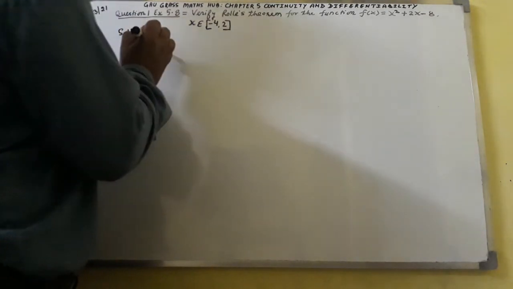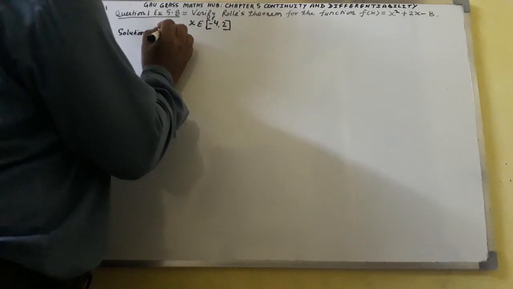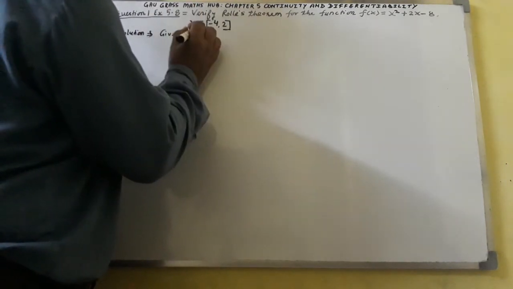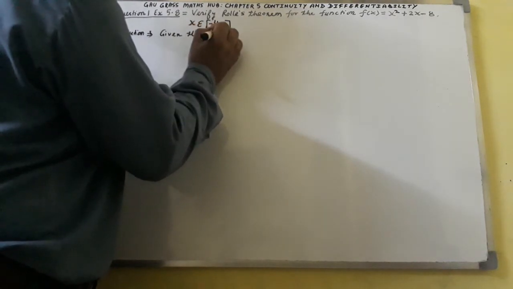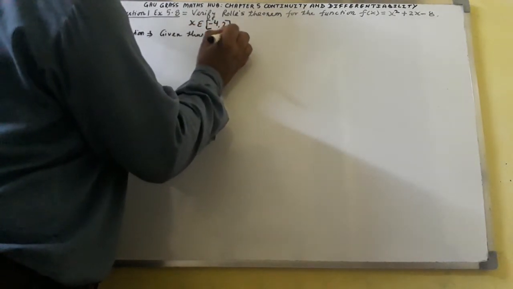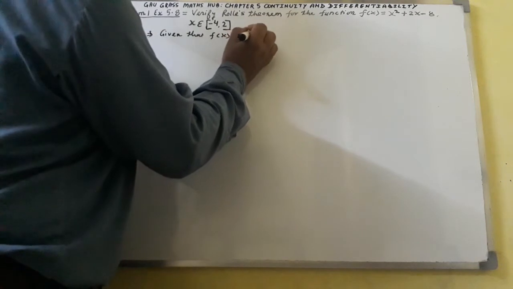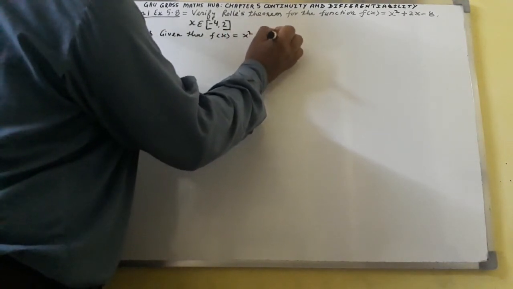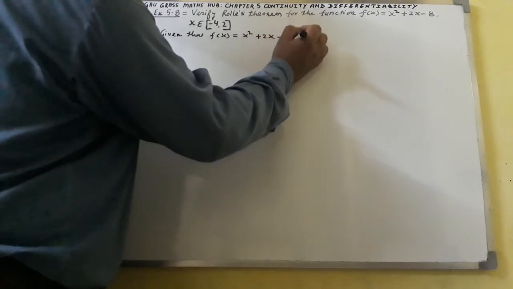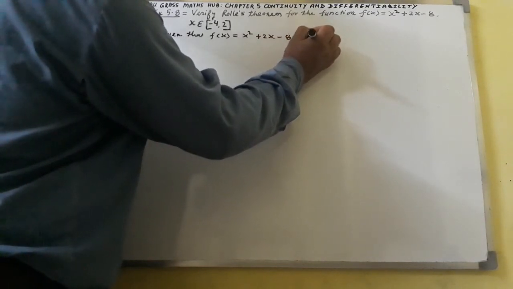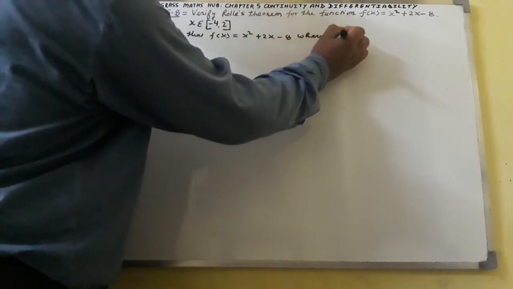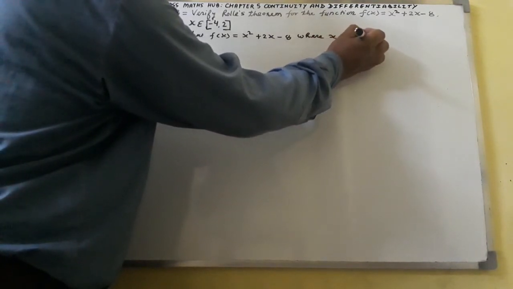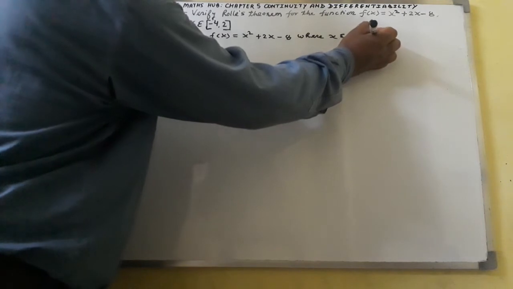Solution: here I shall write, given that f of x equal to x square plus 2x minus 8, where x belongs to the closed interval [-4, 2].